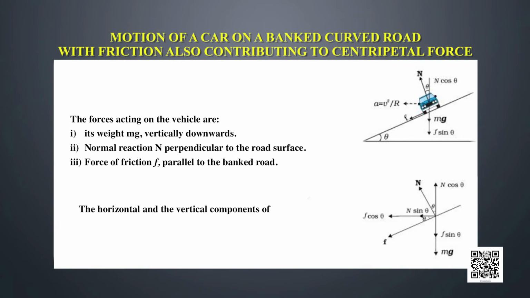The normal reaction and the force of friction can be resolved along horizontal and vertical. The components of normal reaction are N cos theta vertically upward and N sin theta along horizontal. The components of the force of friction are f cos theta along horizontal and f sin theta vertically downward.